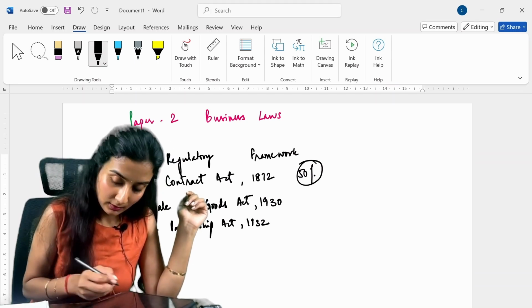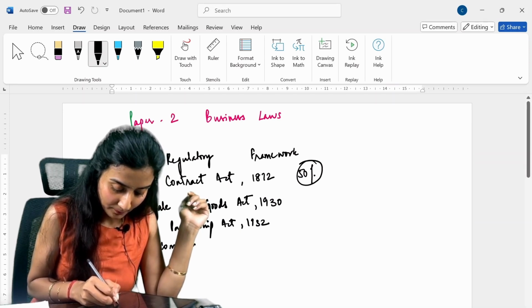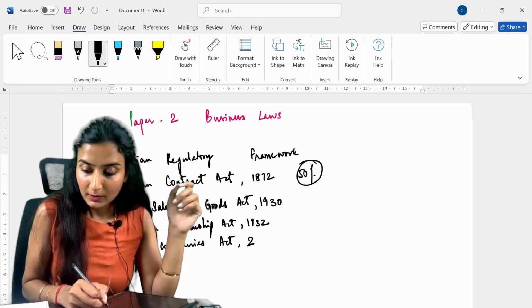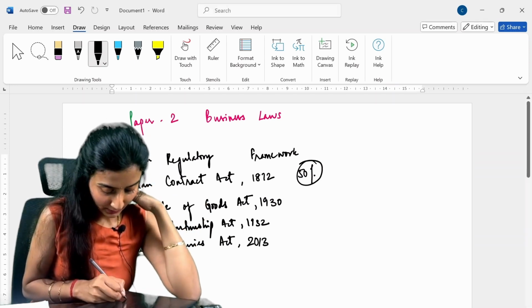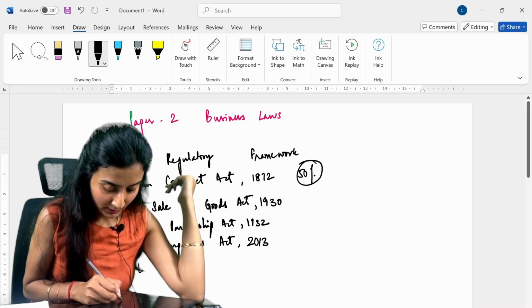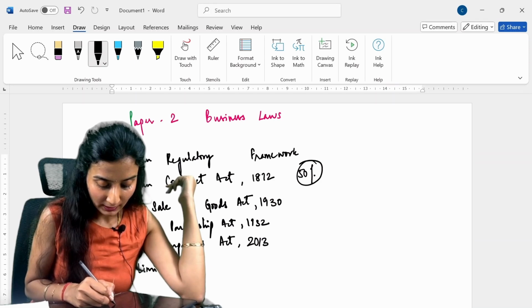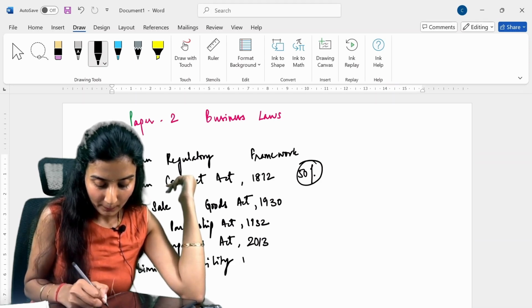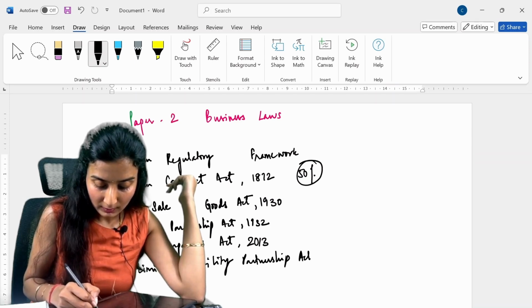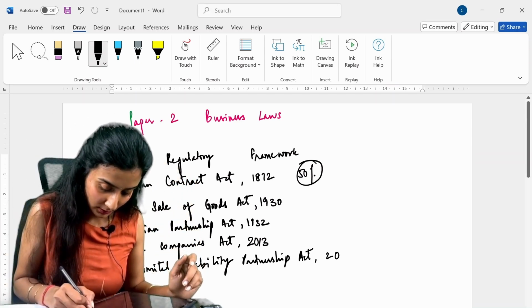Then your Companies Act 2013. Then comes your LLP Act, that is the Limited Liability Partnership Act, 2008.